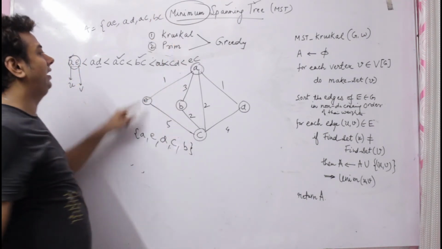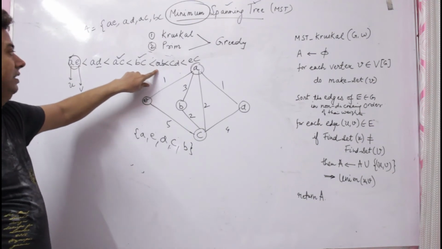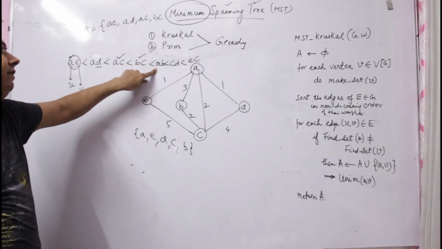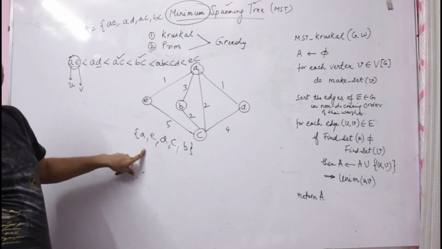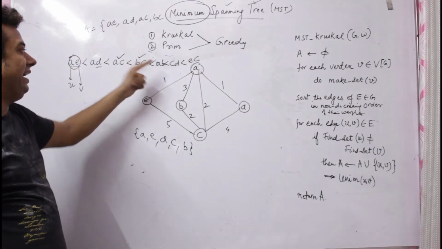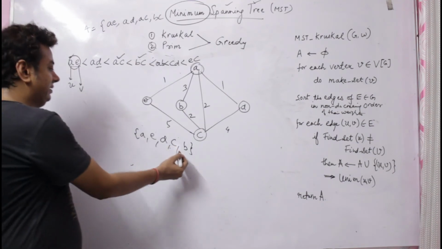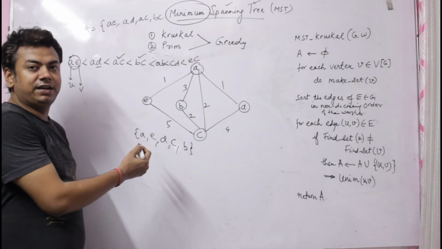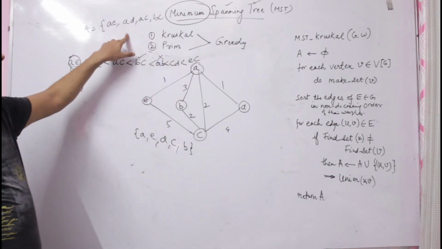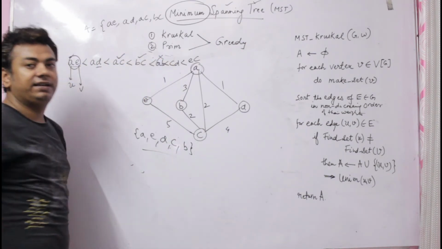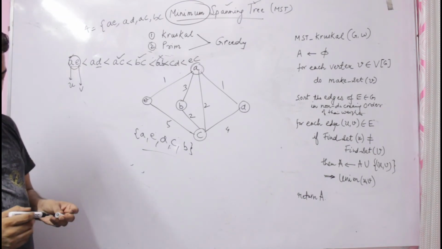Again, if you check for AB, we have A, which is in this set, and B, which is in the same set. So the super parent for A is A, and for B is also A, since these are linked up. So AB is not included here and no more disjoint sets are formed.